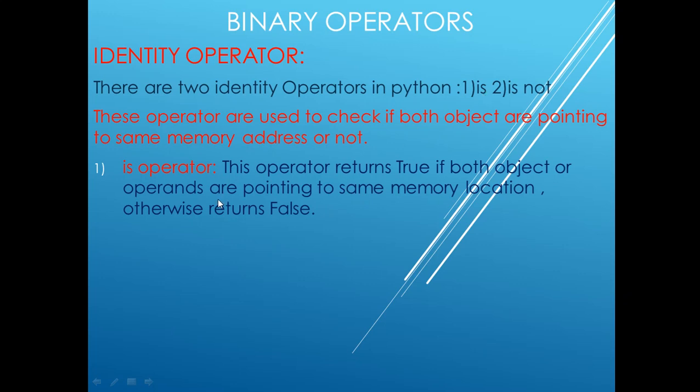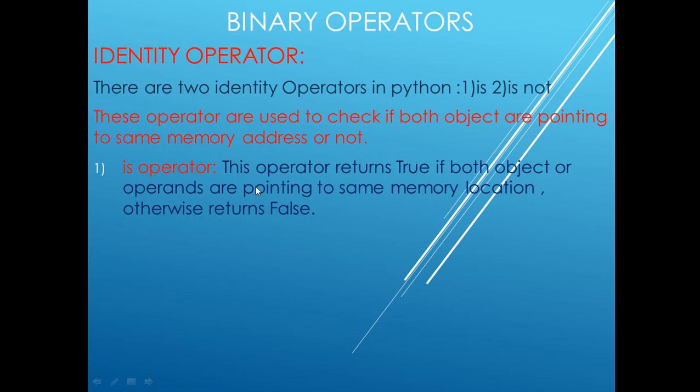So we will see the example, but before seeing the example we will first see what the 'is' operator is and how it performs. The 'is' operator returns true or false, as in the case of the relational operator and the logical operator. Both these operators return the boolean value true or false. So this identity operator also returns true as well as false, the boolean value.